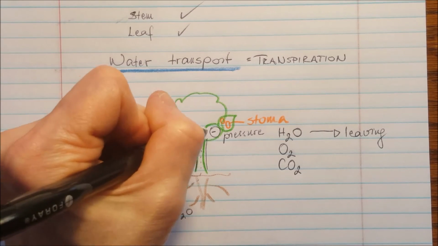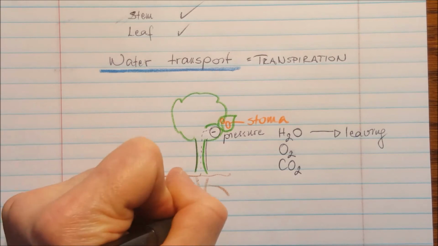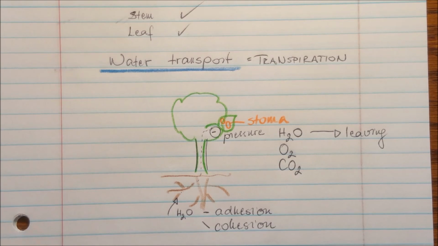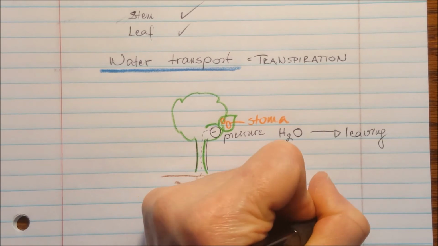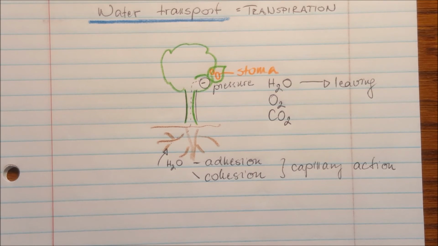Water goes into the root through osmosis, following the active transport of the ions. The water after that moves upward by adhesion and cohesion, and adhesion and cohesion give the capillary action for the water.